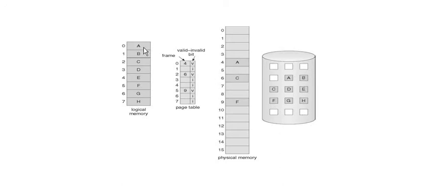Here you can see there are pages A, B, C, D, E, F, G, H. The page table always contains a frame number. This is the frame where A is loaded. Then what is this 2, 6? That is where C has been loaded, and so on.